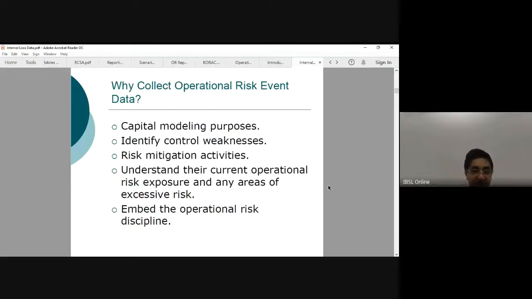Now these are the reasons for collection of operational risk event data. I think this is a very basic thing that you need to understand, because if you deal with risk events, you will get an idea about what type of risk events are very frequent in the organization.